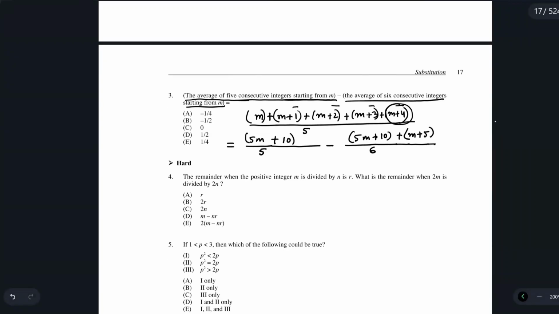Now for the first term, we can divide by 5, and it should be m plus 2. And for the second term, we would have 6m plus 15, divided by 6.